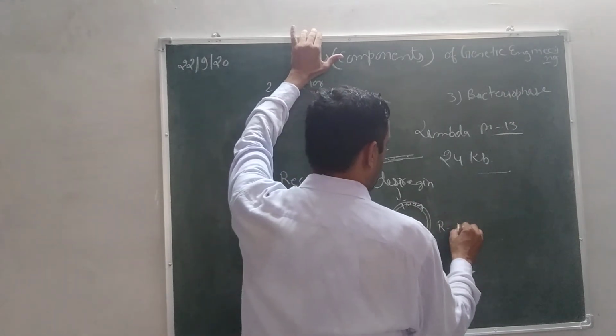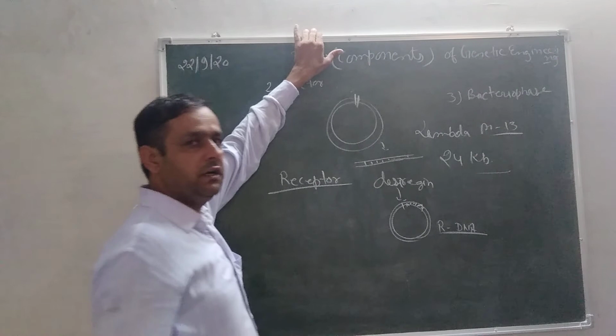So this is called rDNA or recombinant DNA.